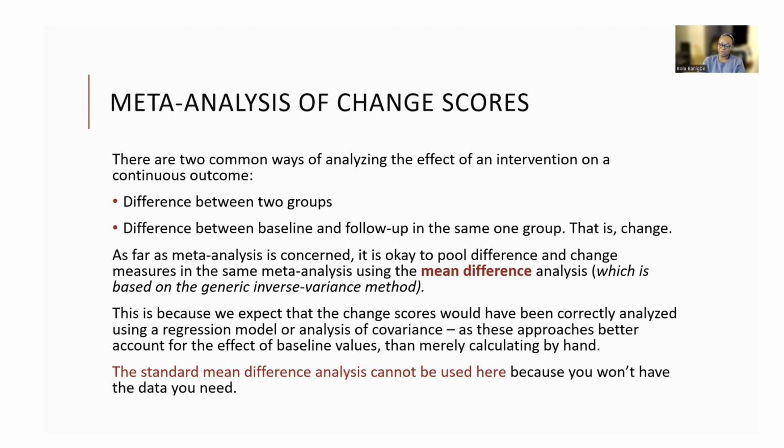So you are now looking at change. You're not looking at difference between two groups. In this case, you can still use the mean difference. It doesn't matter whether it is two different groups or two measurements at different times in the same group. You can use mean difference in this situation.